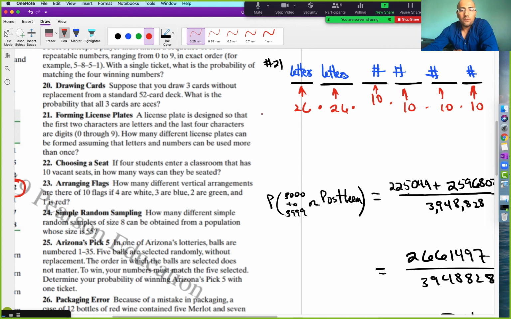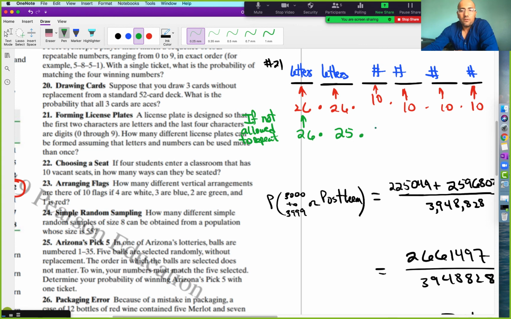Good. On the other hand, if we are not allowed to repeat, right? Let's put it in a different color. If not allowed to repeat, then we'd have 26 options for the first spot. Once that first spot is taken, now the second spot, there's only 25 options left.